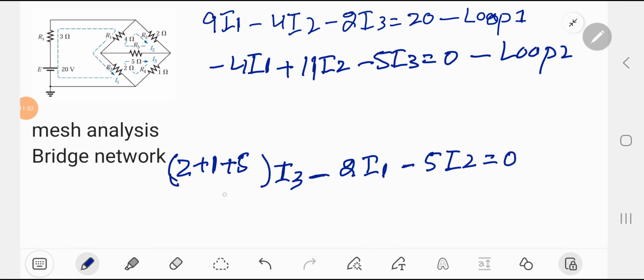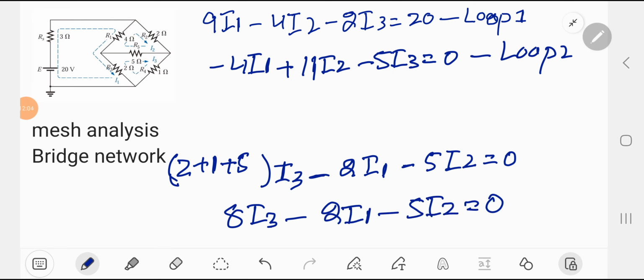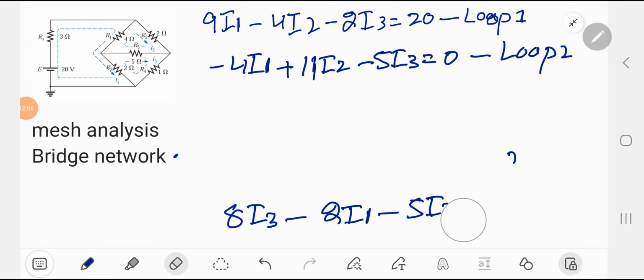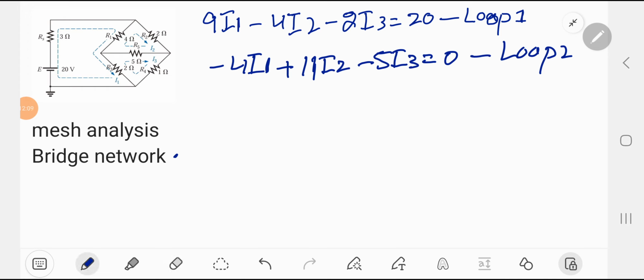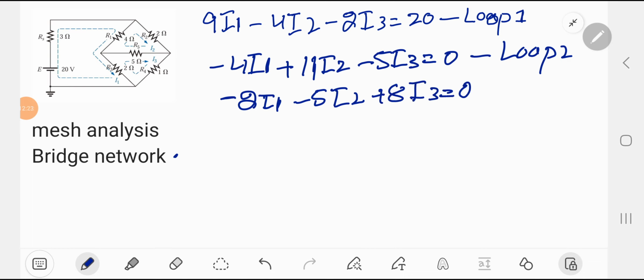So 8I3 minus 2I1 minus 5I2 is equal to 0. This is the final equation for loop 3: minus 2I1 minus 5I2 plus 8I3 is equal to 0.